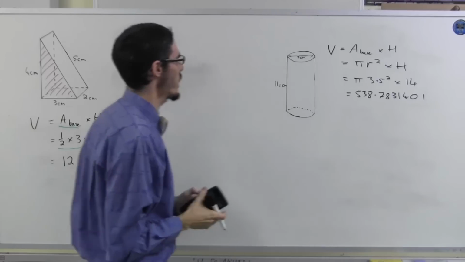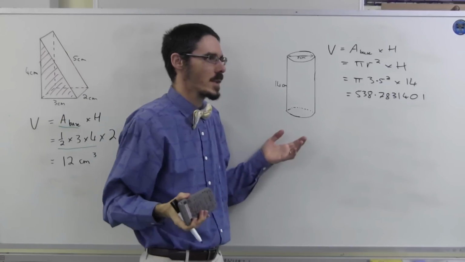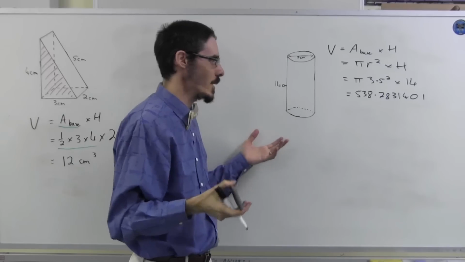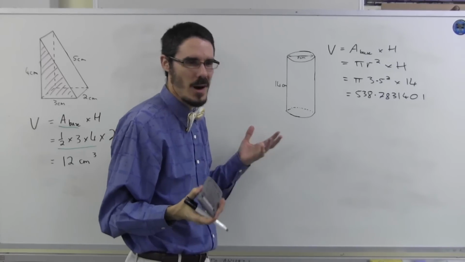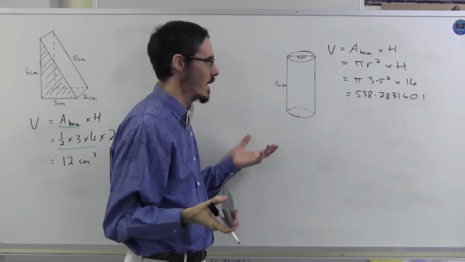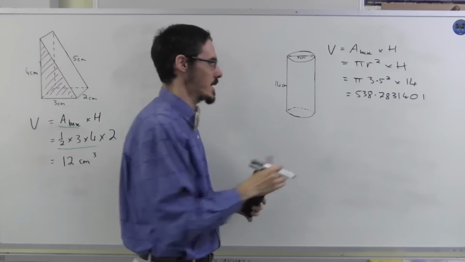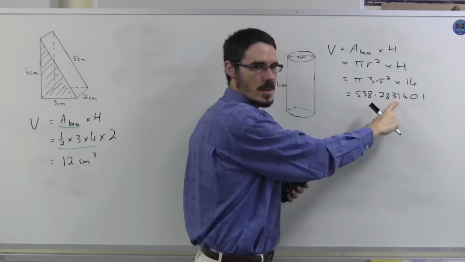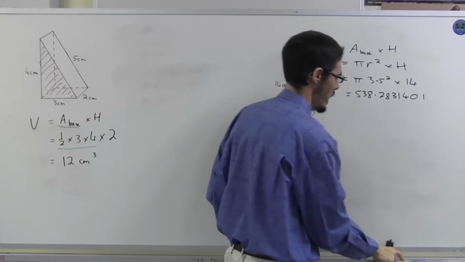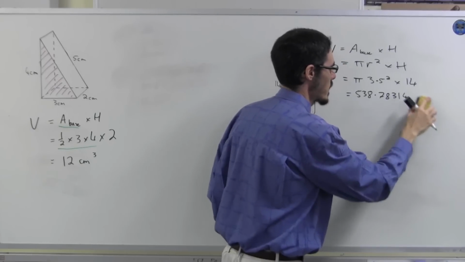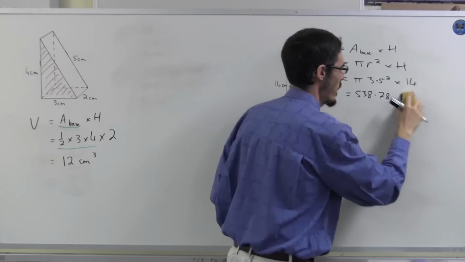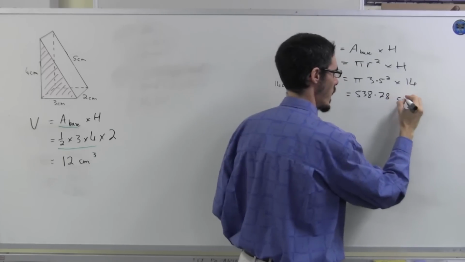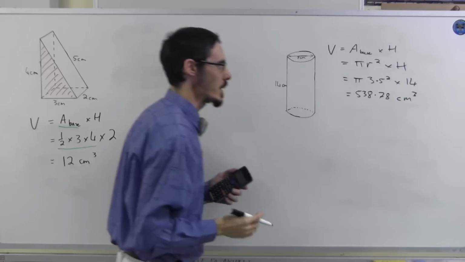Probably not. If the question had told me to round off to the nearest millilitre or cubic centimetre or something, I'd know what to do. I don't have that information, so make an arbitrary decision. Let's go to 2 decimal places. The next digit is a 3, it's less than 5, so I'm just going to round down. Cubic centimetres.